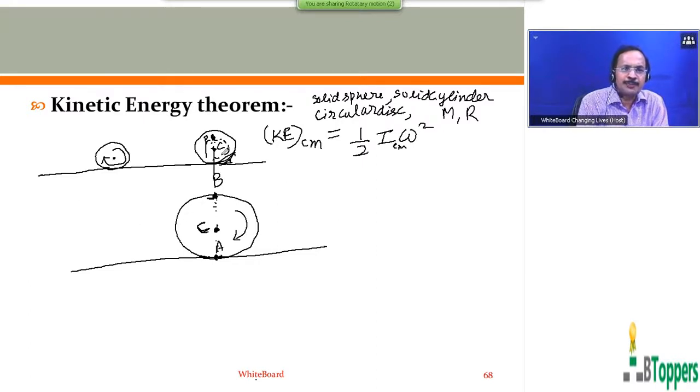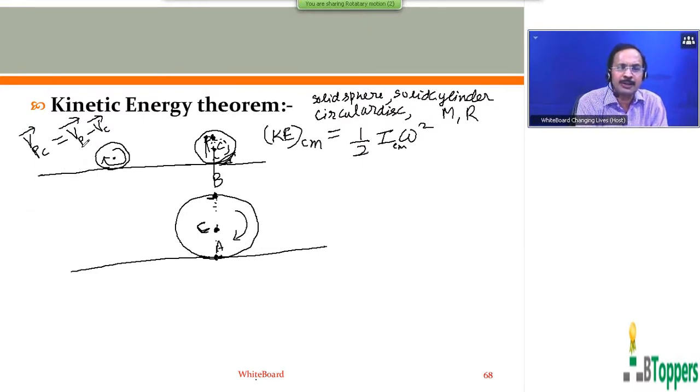So in general, if P is some point in the body, the velocity of the point P with respect to the center of mass, from the concept you studied in relative motion, is equal to the actual velocity of the point P minus the velocity of the center of mass. V bar subscript P represents the actual velocity of the point P.